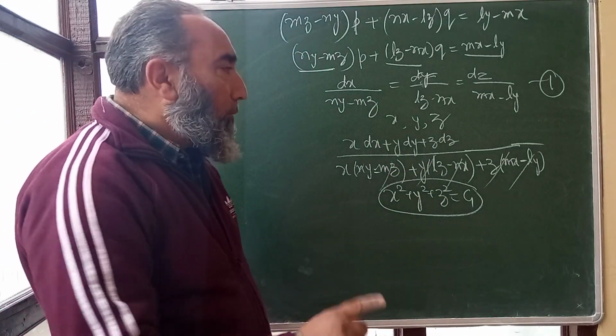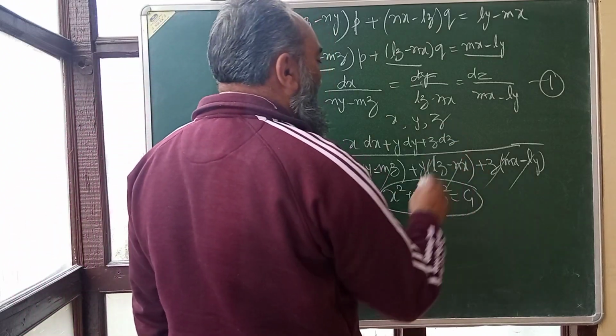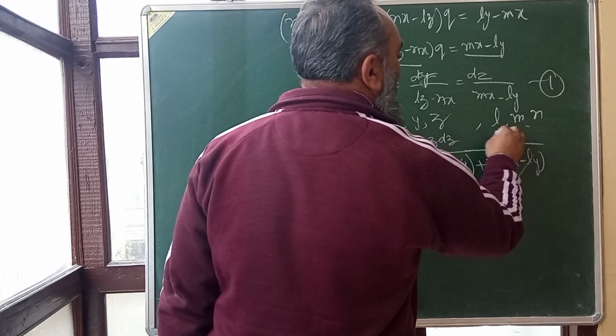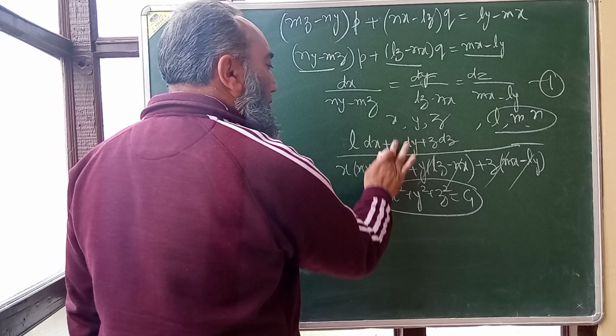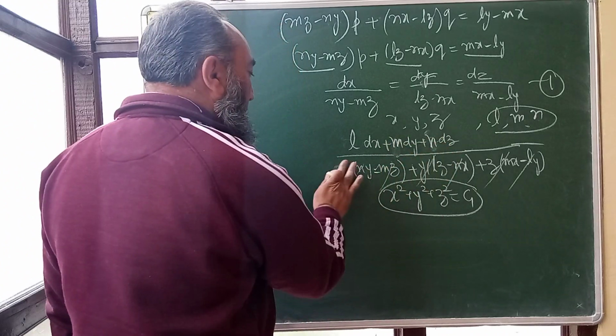Okay, now let me use l, m and n as multipliers. What will I get? l dx, m dy, n dz.